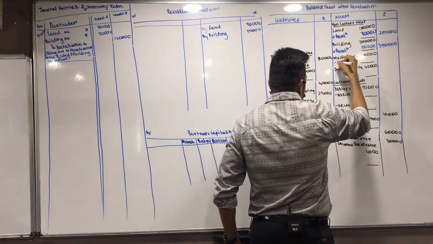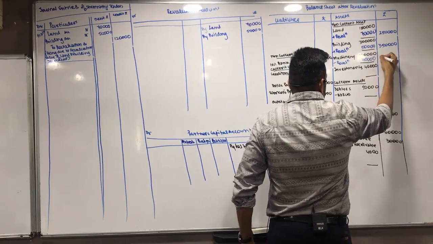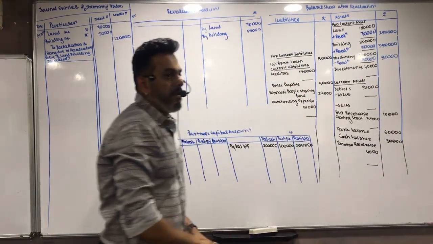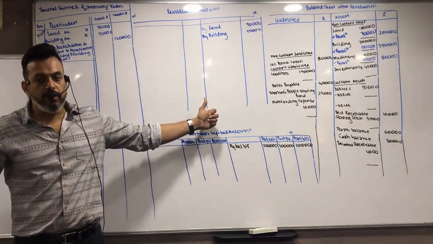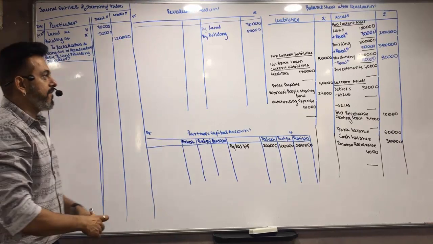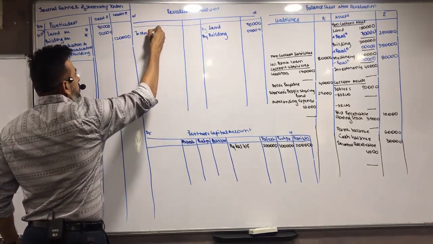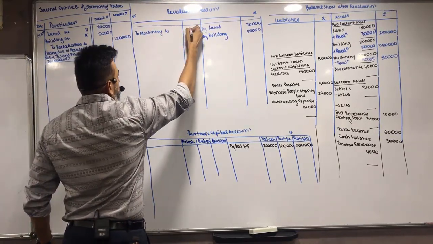So minus devaluation 40,000. Outer column 80,000. Reduction in the value of machinery. Revaluation account which side? Debit side. To machinery 40,000.